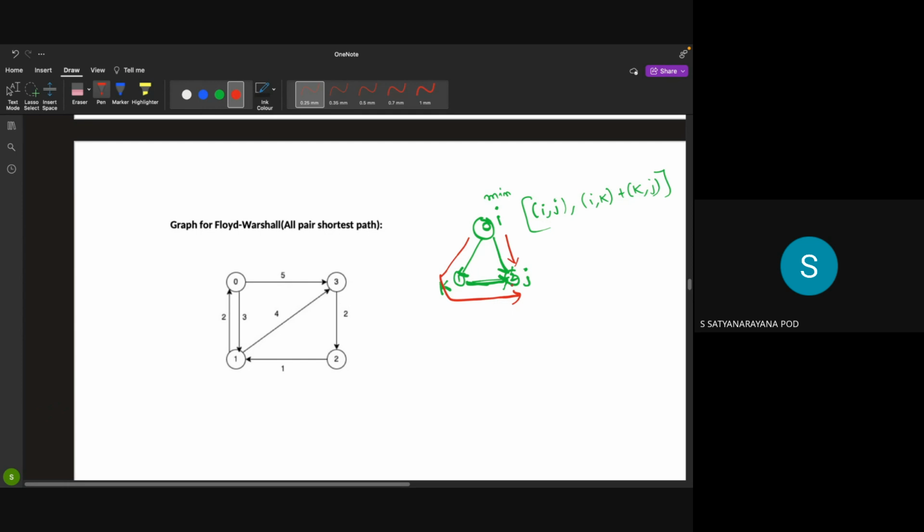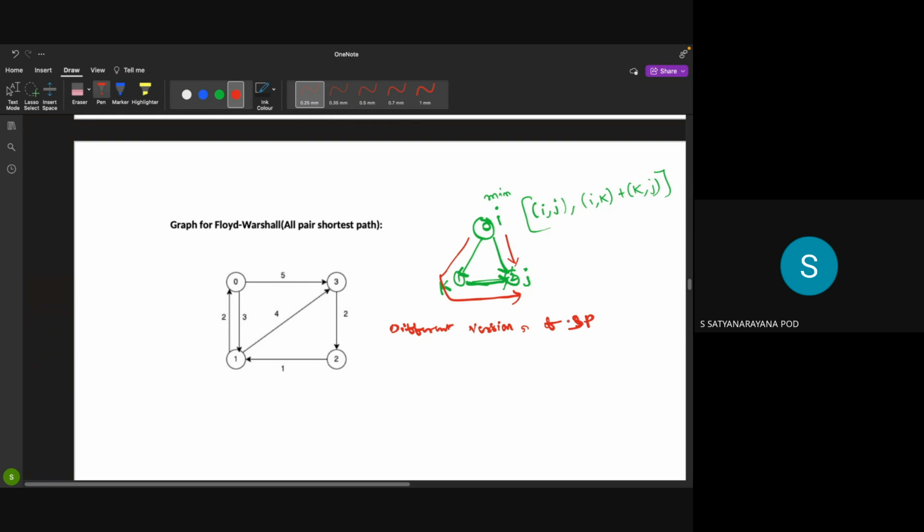So different versions of shortest paths happen. SP means shortest paths. We'll see what this shortest path matrix is and how it looks.